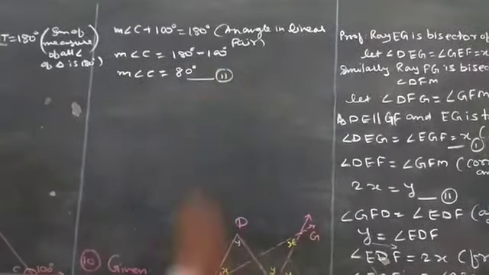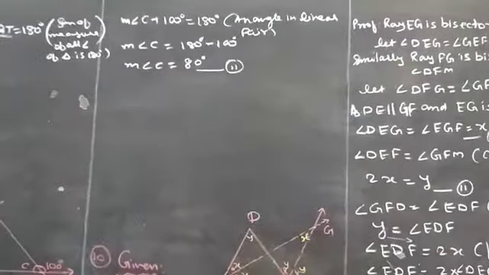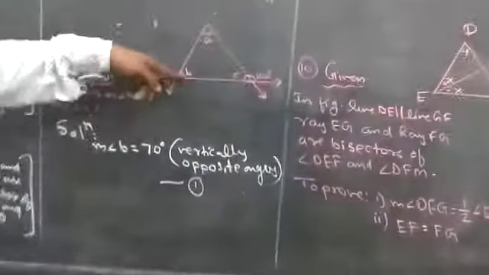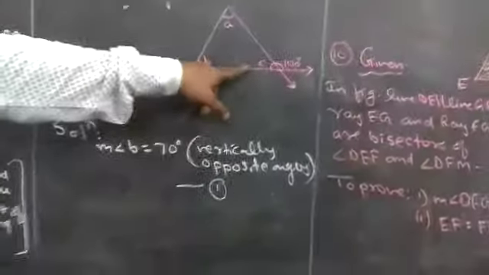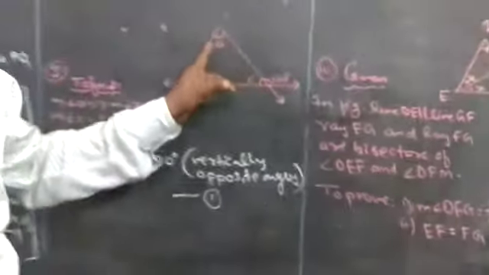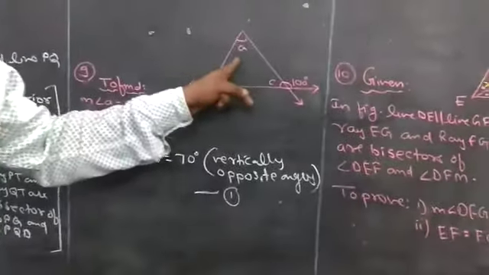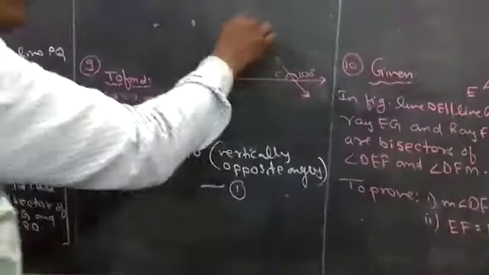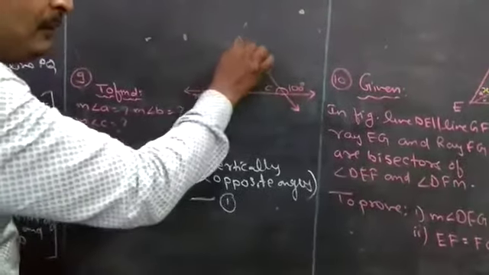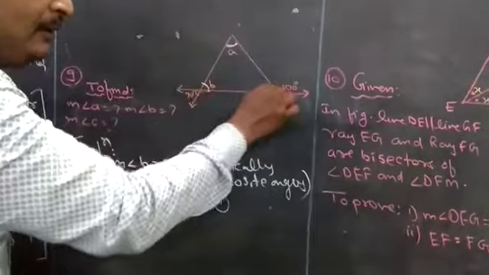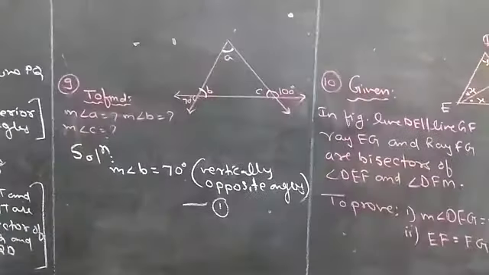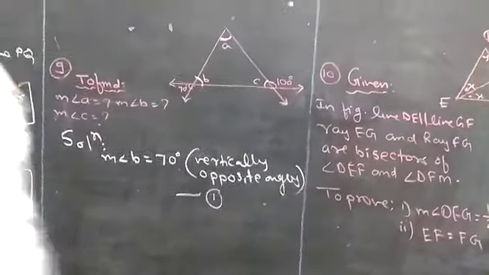Give it equation 2. Now I have got the measure of angle B, that was 70, and measure angle C, that was 80. Now only one thing remains, your measure angle A. If you notice this triangle, these angles will form a sum of 180, because the sum of the measures of all the angles of a triangle is always 180.